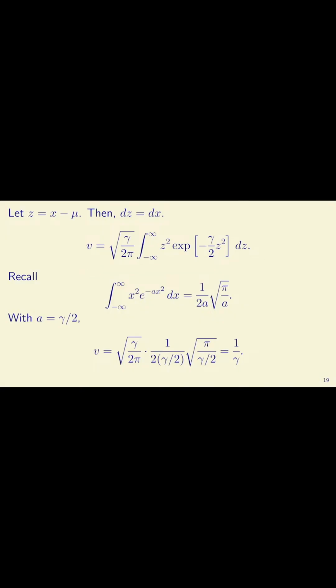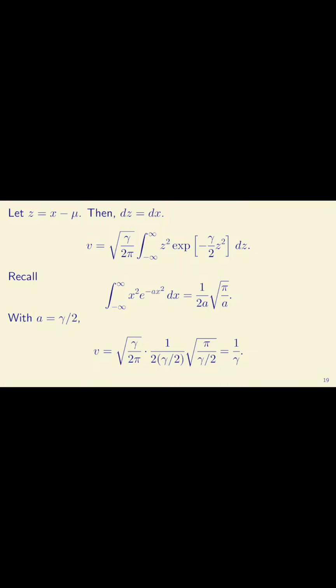This is another standard Gaussian integral. We know that the integral of x squared times exponential of negative a x squared over the entire real axis is 1 over 2a times square root of pi over a. In our case, again, a is equal to gamma over 2. So the integral evaluates to this.